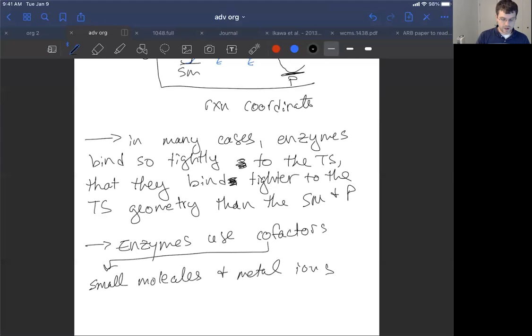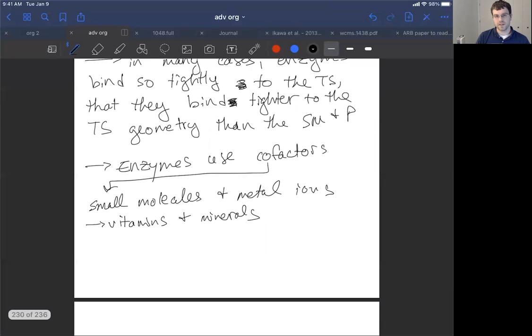And these are our vitamins and minerals that we need in our diets. But these sort of stack the deck. That is, they are kind of the thing that does a lot of the heavy lifting within the enzyme. So they're a key part of the enzyme active site. They accomplish a lot of the chemistry. The chemistry, though, wouldn't be possible without the enzyme supporting the cofactor.